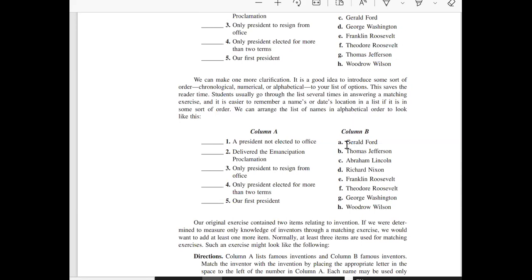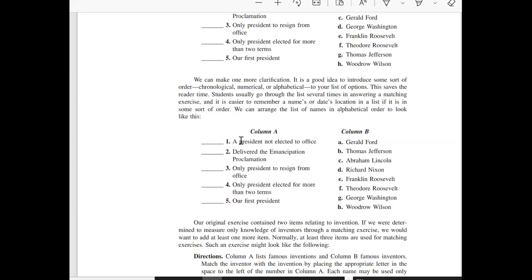So you notice that the labels, the concepts, or whatever it is that you're doing, the definition for a concept, those shorter labels must be on the right-hand side in column B. And you notice that they also have letters, whereas those have numbers.